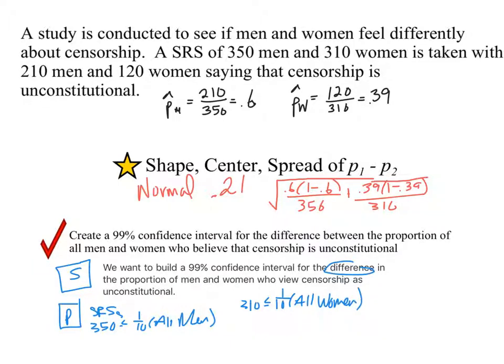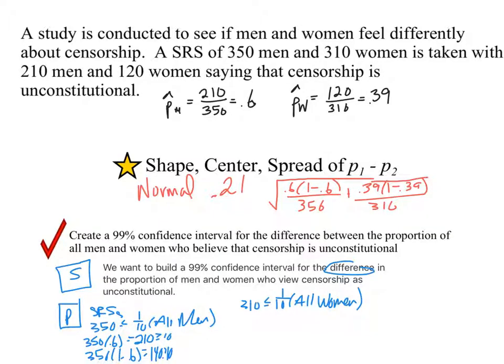And then we have to do our 350 times 0.6, which was 210. That's bigger than 10. And 350 multiplied by 1 minus 0.6, which is 140. That's bigger than 10.